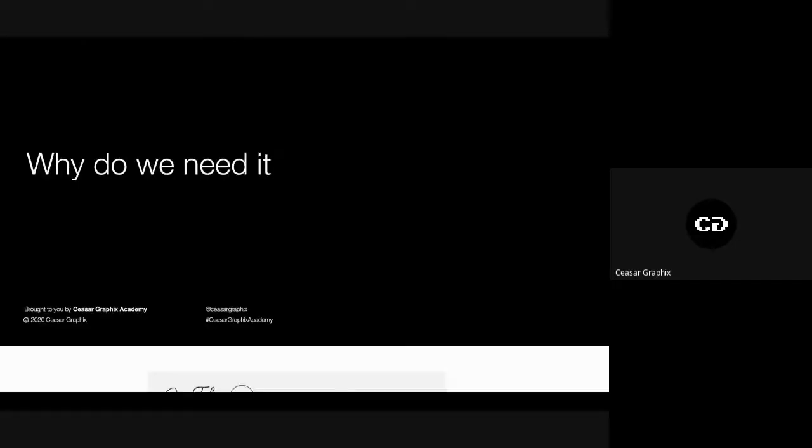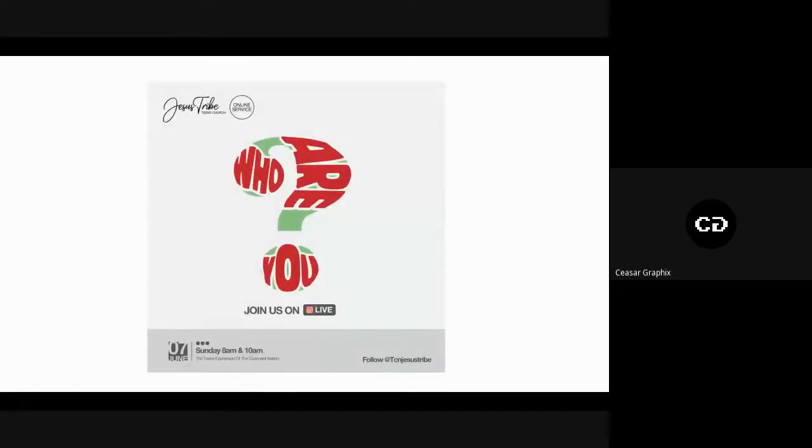I have some designs here that I'm going to show you how negative space made the project successful. I started a series in my group where I tell designers to send in their rejected designs, then I redesign them and send them back. This design on your screen is one we designed for one of the group members.